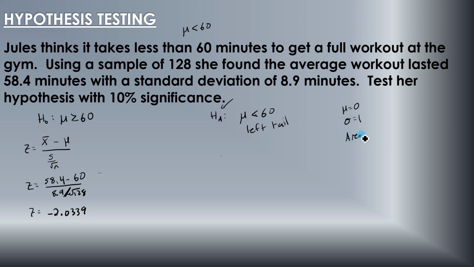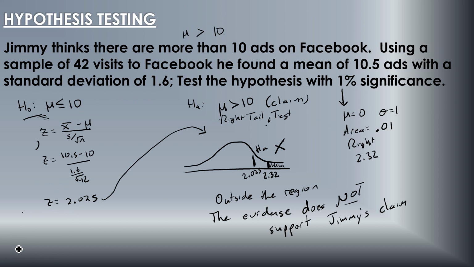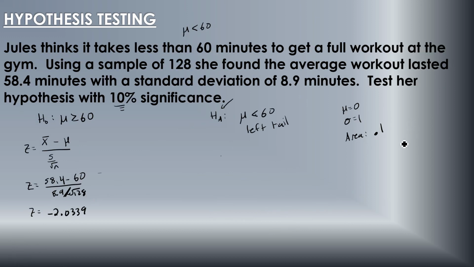For the area, I want a 10% significance, so I'm going to do an area of 0.1. I want to make sure on the last slide it was 0.01. I wanted to make sure I didn't mess up my decimal places on the last one. Okay, so that's our 10%, and we are doing a left tail test.